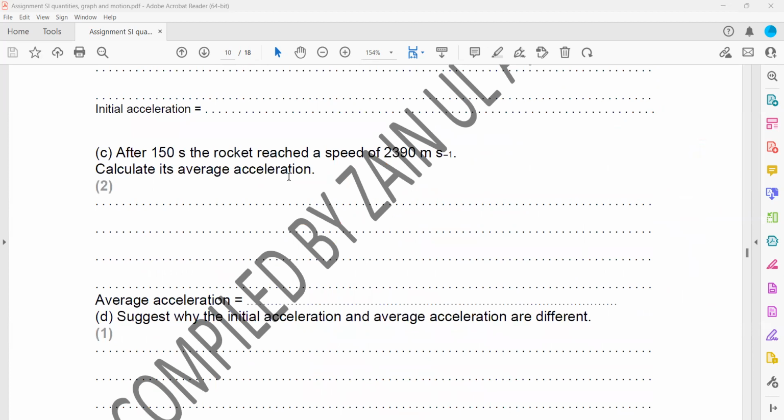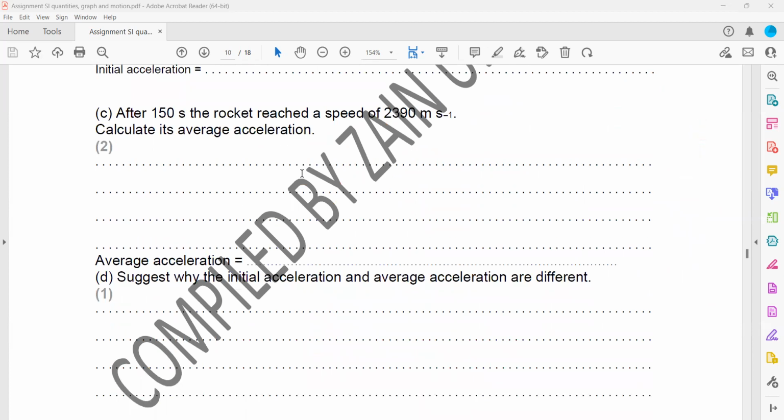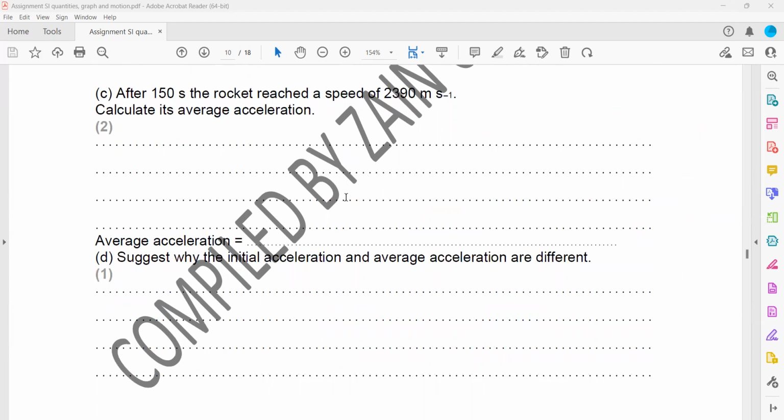Then after 150 seconds, the rocket reaches a speed of 2,390 meters per second. Now we have to calculate its average acceleration. How can we work it out? As the rocket is launched, its initial velocity is 0 meters per second. It reaches a final speed of 2,390 meters per second, and it took 150 seconds.